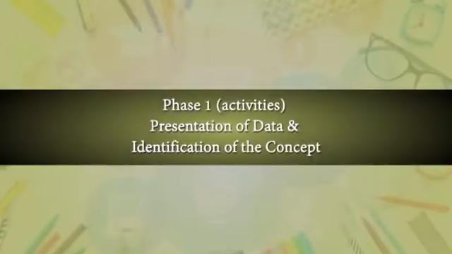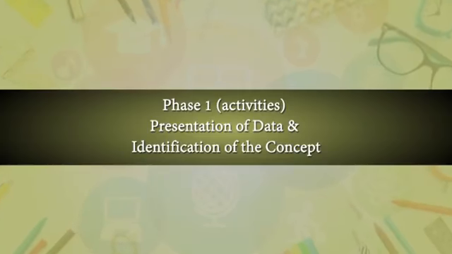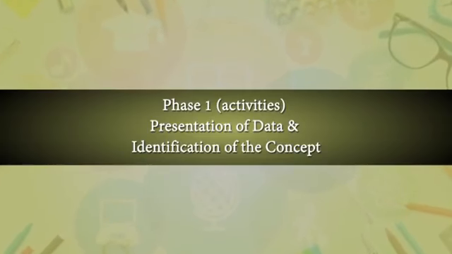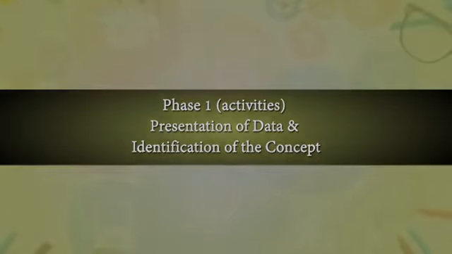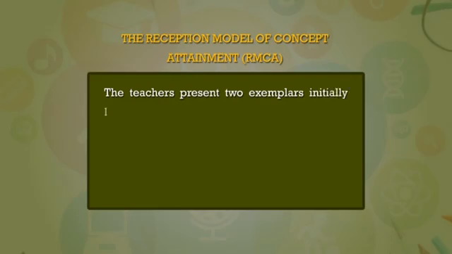Phase 1 activities: presentation of data and identification of the concept. The syntax of the reception model of concept attainment is: the teacher presents 2 exemplars initially labeled as yes or no in a pre-arranged order.